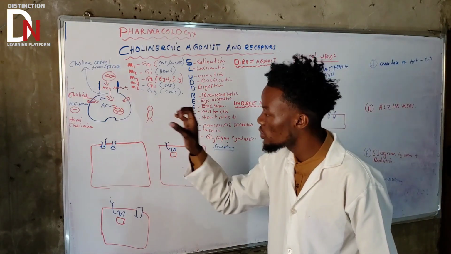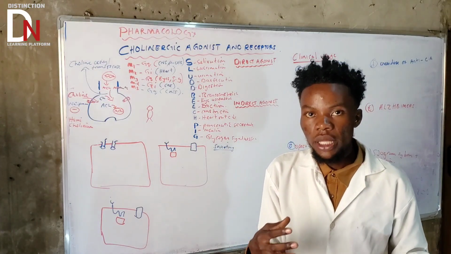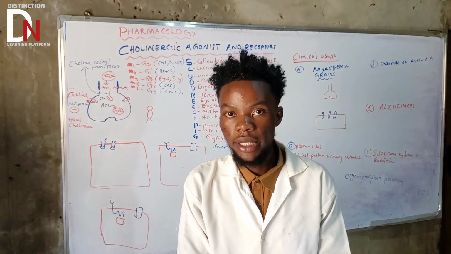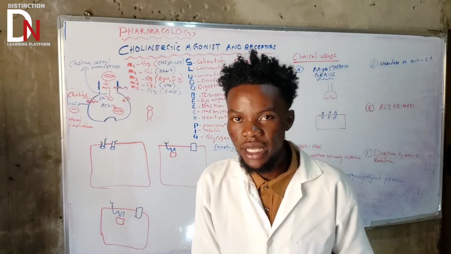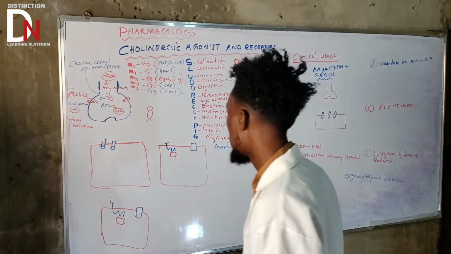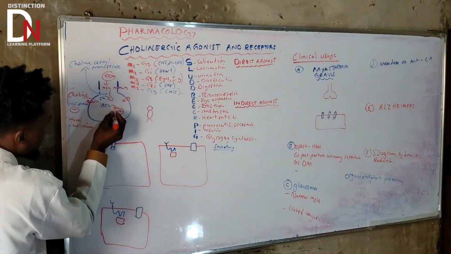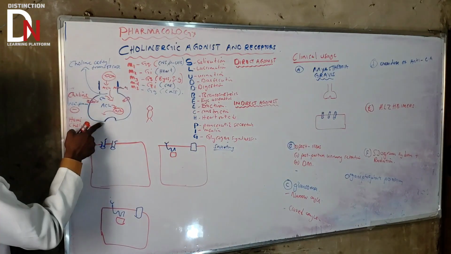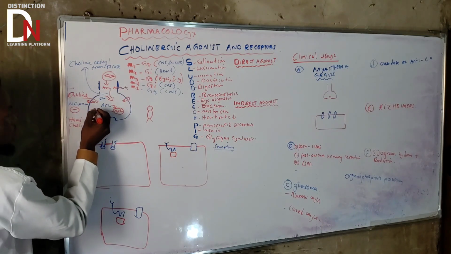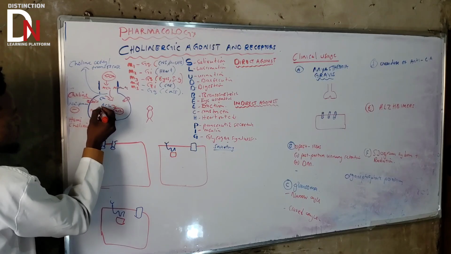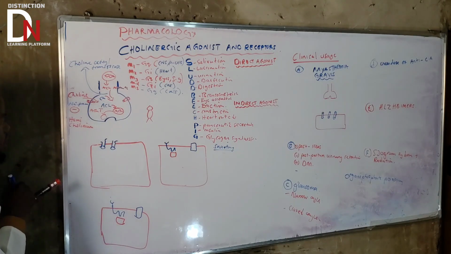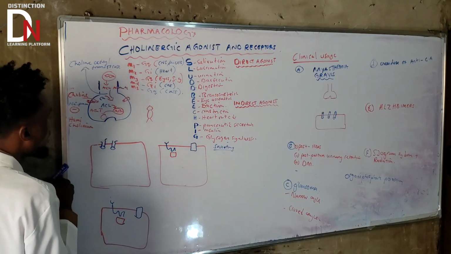So there is a transporter that will help the newly synthesized acetylcholine to be stored and also transported. We call it the acetylcholine transporter. Again, there's a drug that's going to inhibit this acetylcholine transporter.